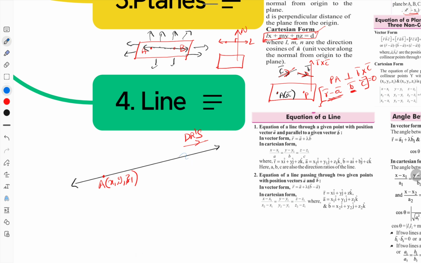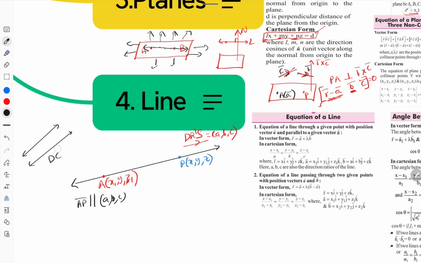Suppose you take a locus point P(x, y, z), then AP will be parallel to the DRs. Suppose the DRs of that line are a, b, c. Then AP is parallel to (a, b, c). Why are we taking parallel? If two lines are parallel, they have the same DCs, just like in 2D, slopes are equal.